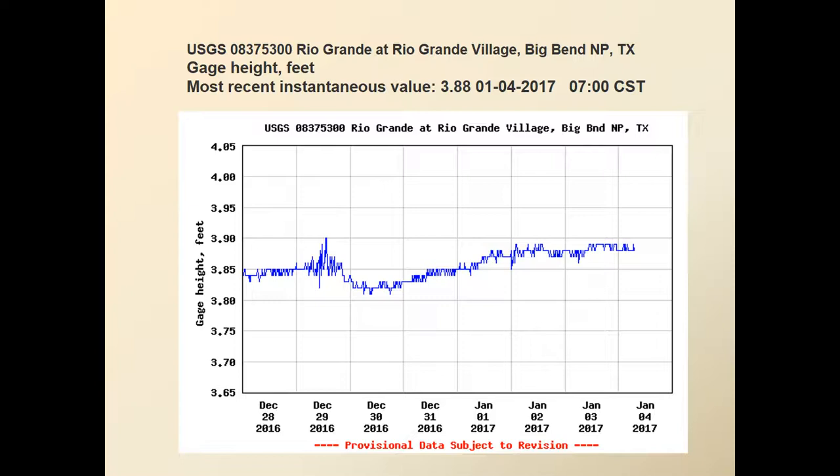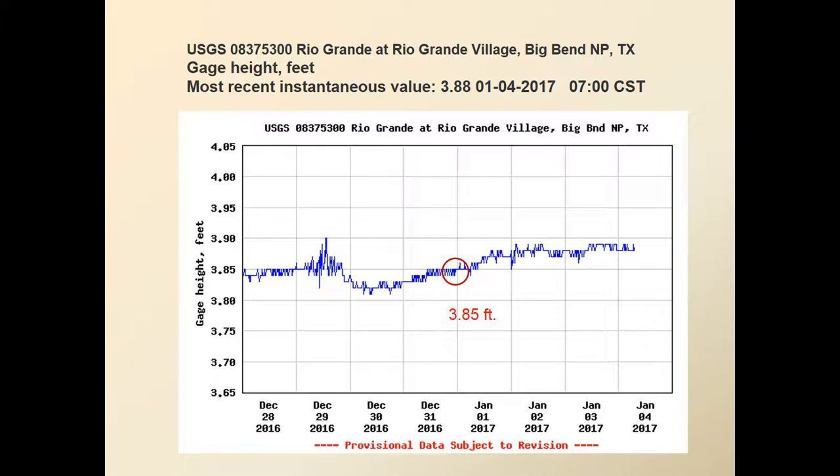Many gauging stations are instrumented to gather data every 15 minutes and are connected to the internet to offer near real-time gauge height and stream flow data. Pictured here is a record of stream gauge height at the Rio Grande Village, showing a gauge height at midnight December 31st, showing 3.85 feet.